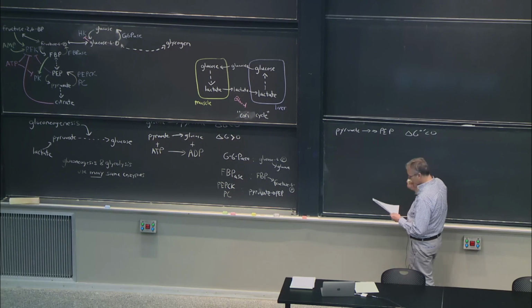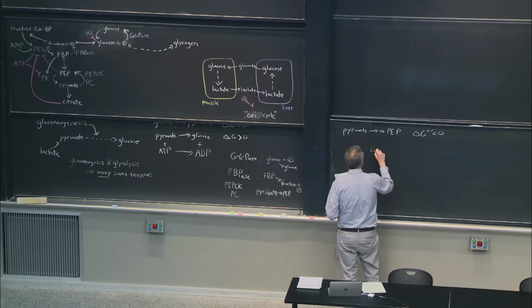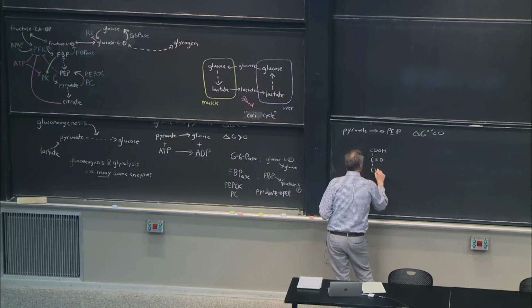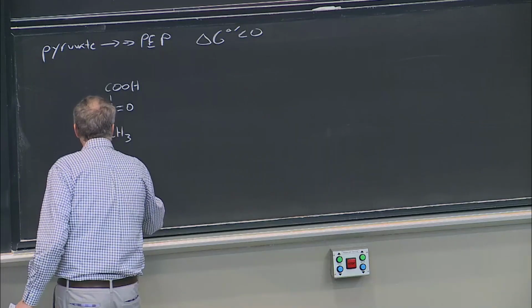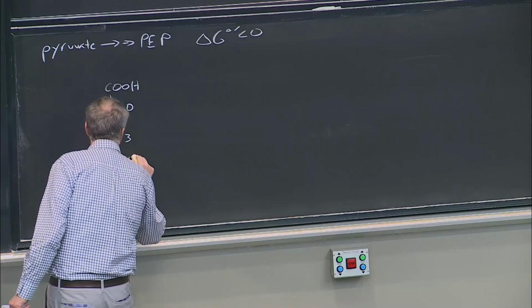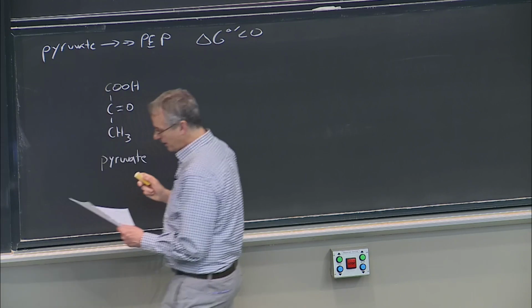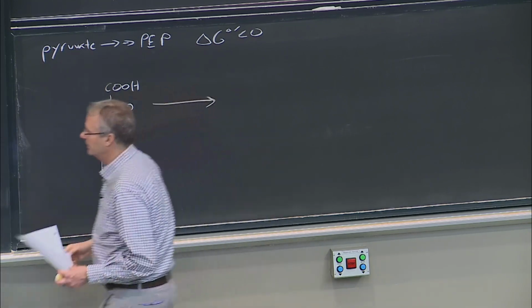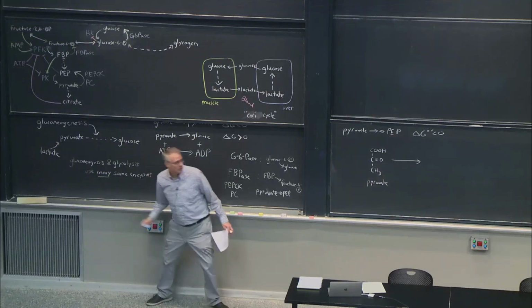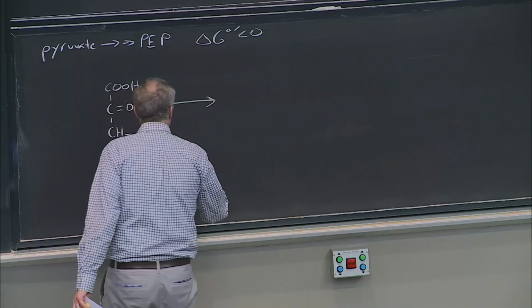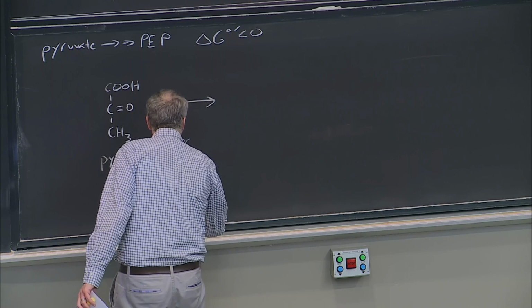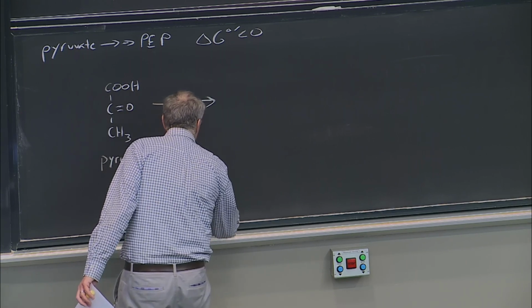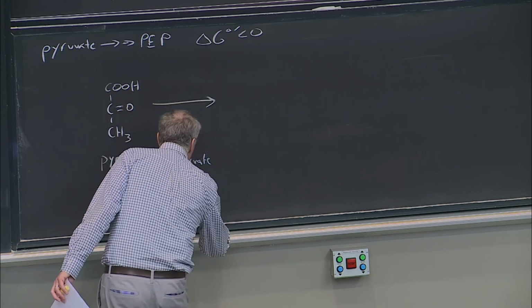All right, here's how this pathway works. So this is pyruvate. The first reaction is catalyzed by PC, which stands for pyruvate carboxylase.